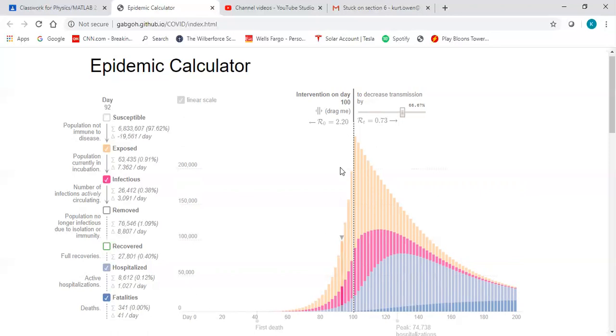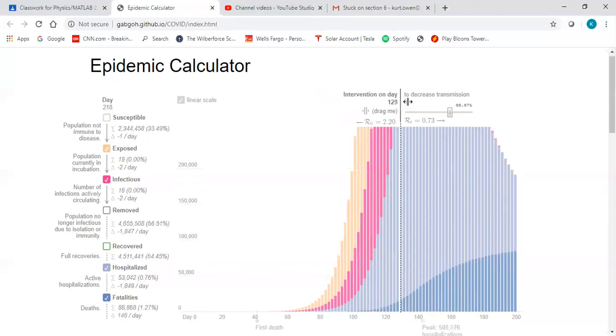So that's going to create exponential growth, and that's what you see here, an explosion in the number of exposed and infected people, which will in turn drive people to the hospital and will also cause more fatalities.